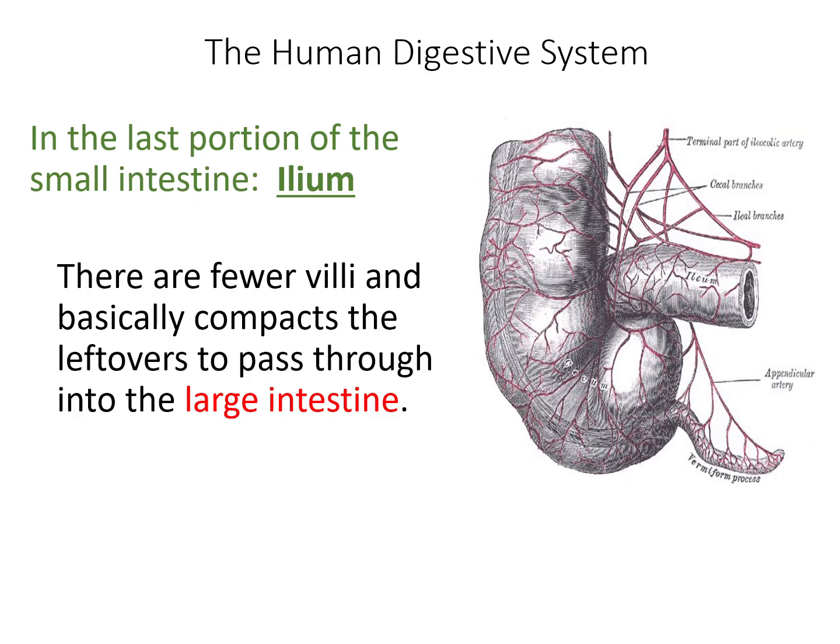Now, this nutrient deficient chyme enters the large intestine through the ileum, the exit part of the small intestine.